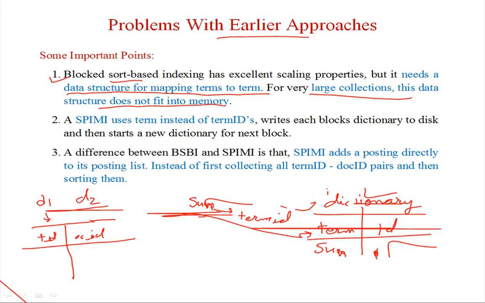Now the second issue is SPIMI uses terms instead of term IDs. It writes its block's dictionary to disk and then starts a new dictionary for the next block.